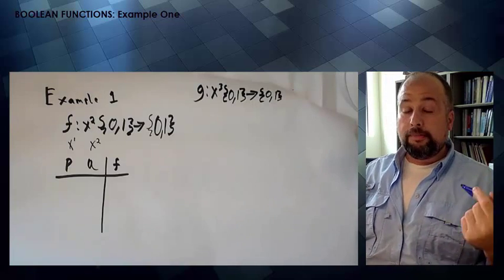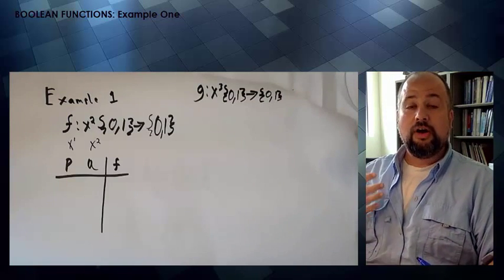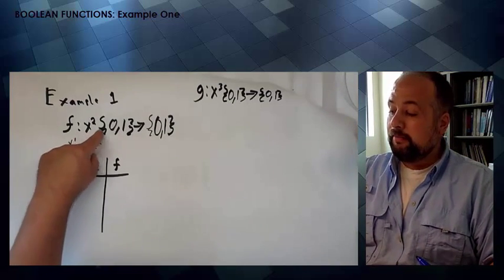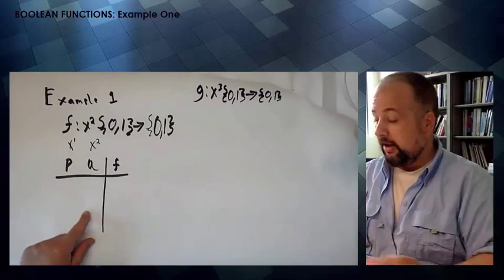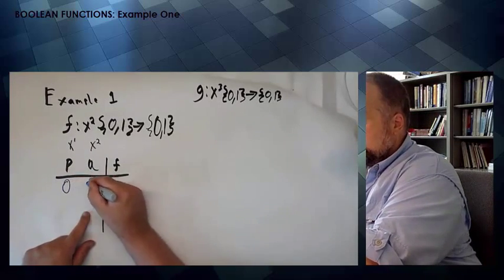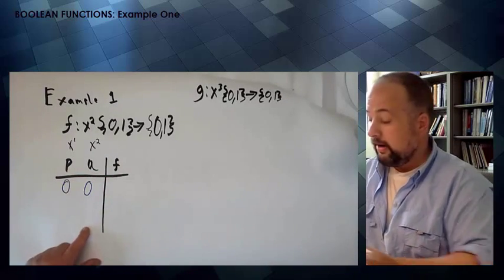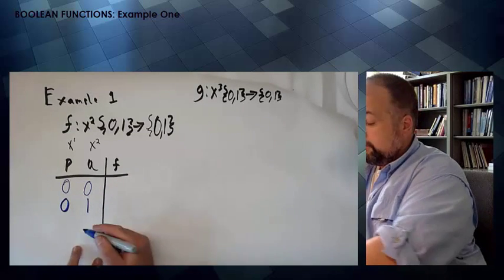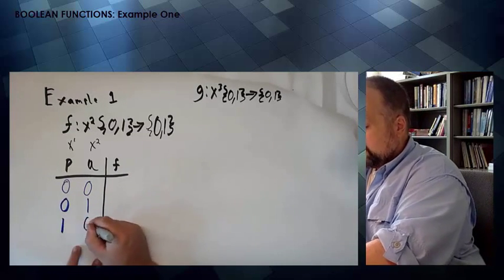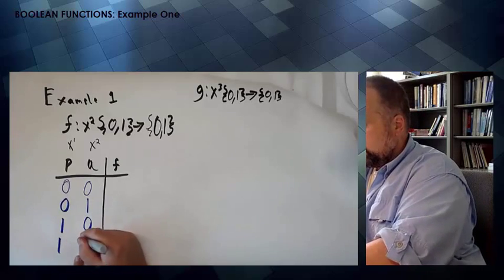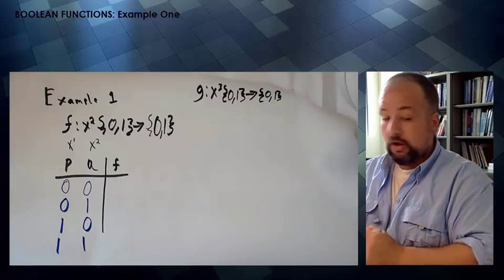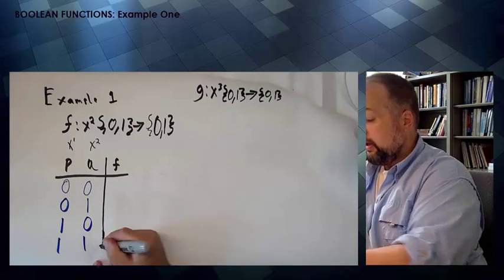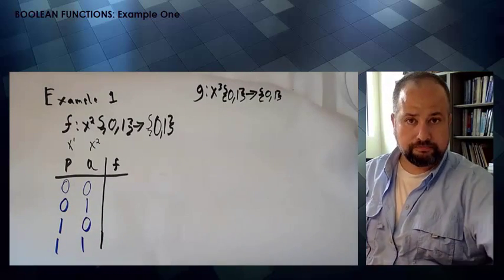So what are all the possible values of 1 and 0 for the inputs into this function f? Well, they can both be 0, right? The first one could be 0, the second one could be 1. The first one could be 1, the second one could be 0, or they could both be 1, right? So those are all the possible values that you could have.